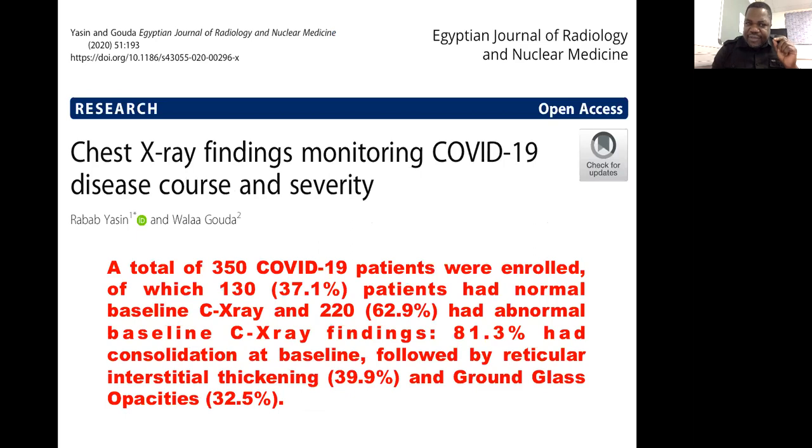Then there is another big study that was published by the Egyptian Journal of Radiology and Nuclear Medicine.